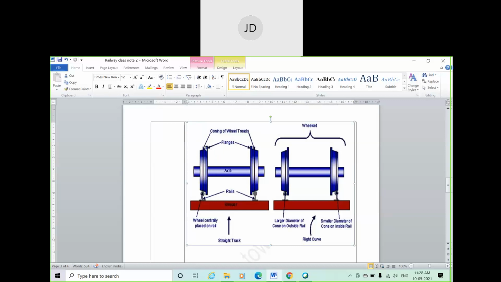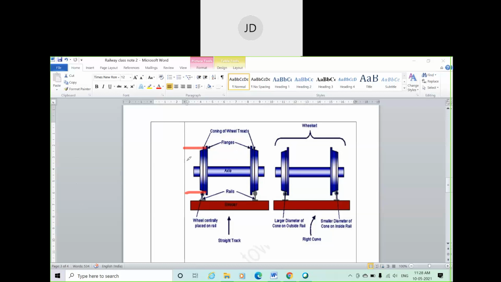You can see it is written here, coning of wheels of tread. That means, wait, I'll take one pen. If coning is not given, the wheel should be like this, isn't it? The thickness has become more, wait.